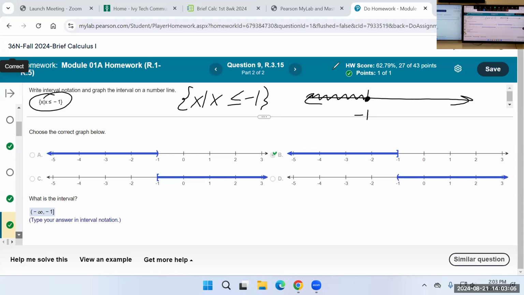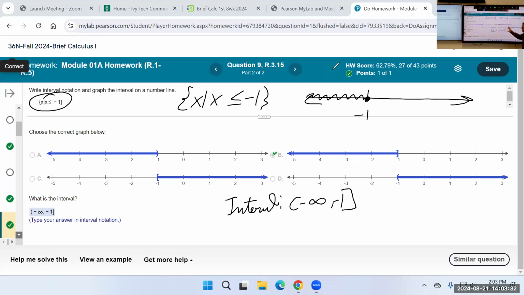And then from there, how do you write this in interval notation? We're going all the way to -infinity, or you can think we started at -infinity and are working our way to -1, but we want to include -1. So the interval is -infinity to -1, but I want to include -1.